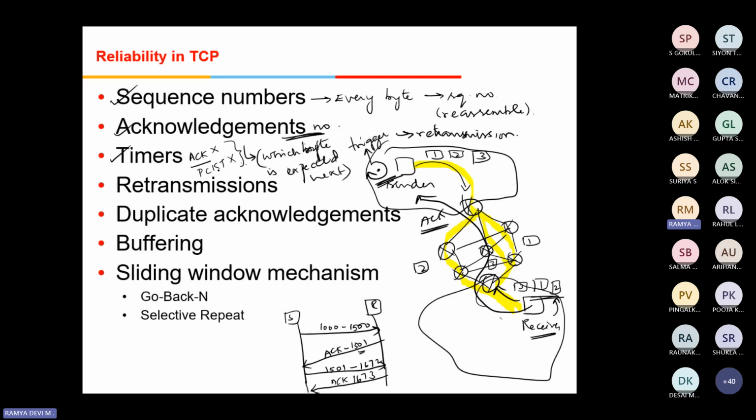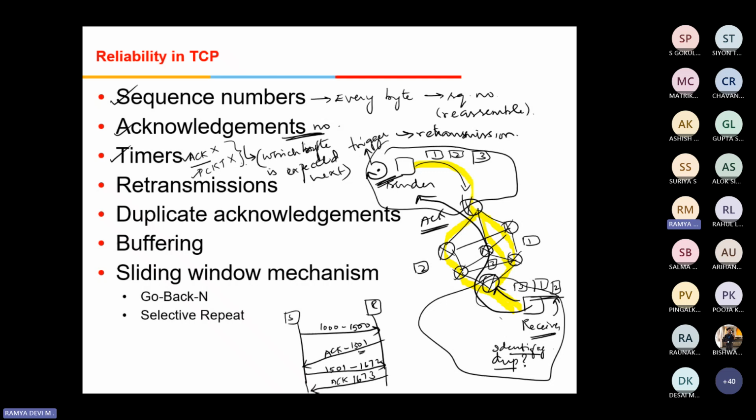So if the packet is lost, sending the retransmission is not a problem, right? But what about the acknowledgement? If the acknowledgement is lost and I'm sending the same packet, how can the duplicate be identified? With the help of the sequence number.